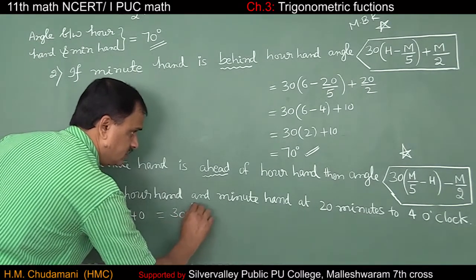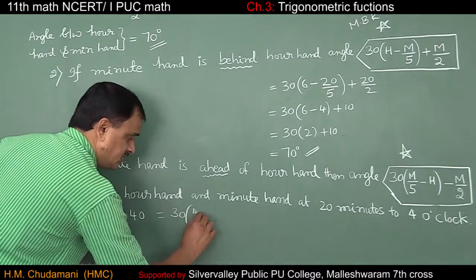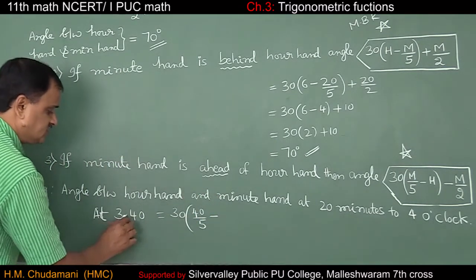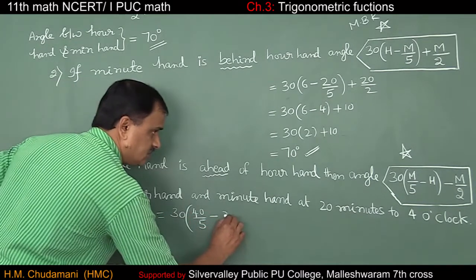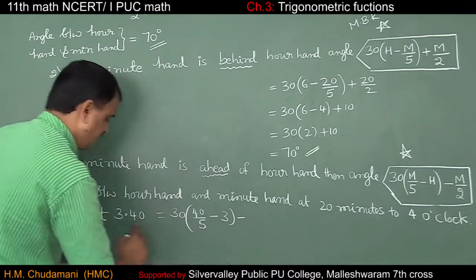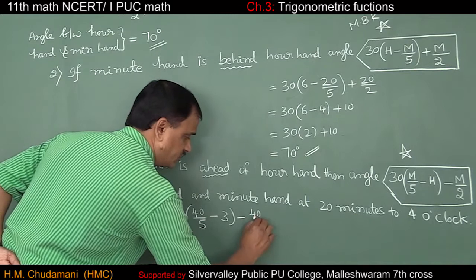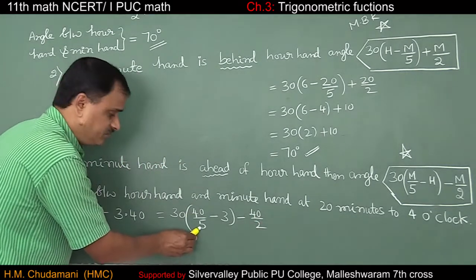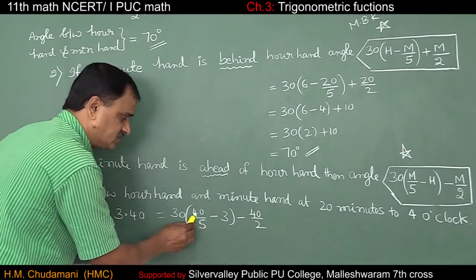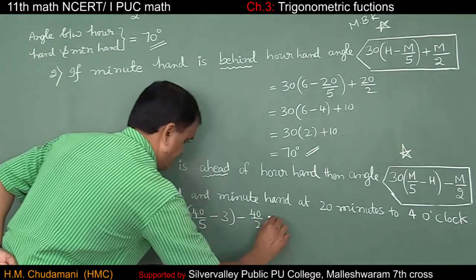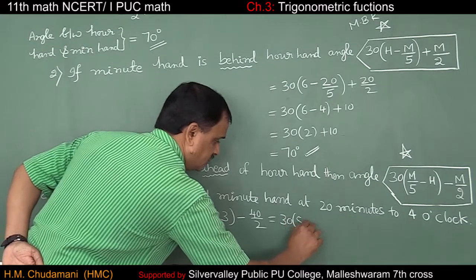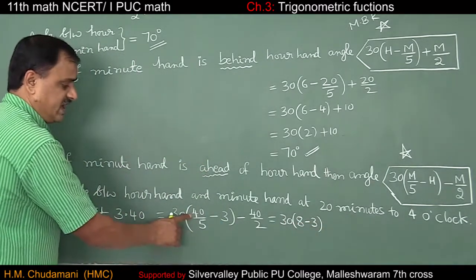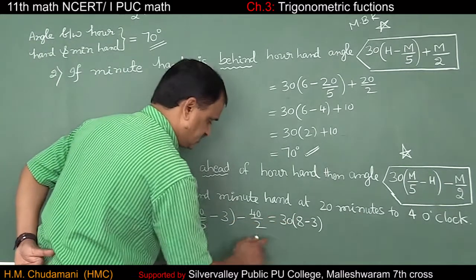30 into the minute hand shows 40 divided by 5, and the hour hand is 3 o'clock. 3 minus the minute hand 40 divided by 5. Check this: 40 by 5 means the minute hand is at 8. 8 minus 3 means 5.